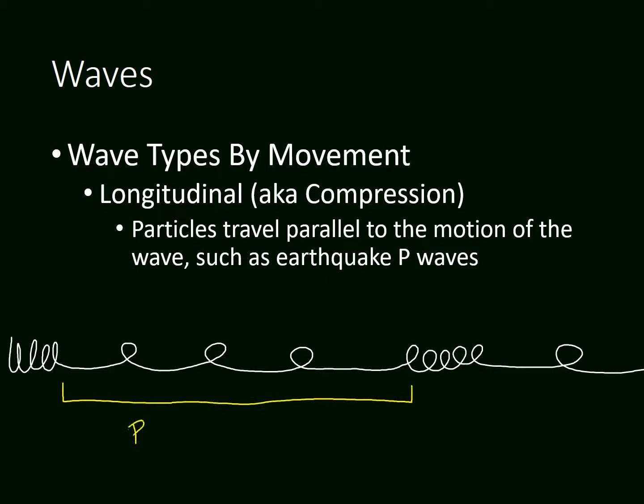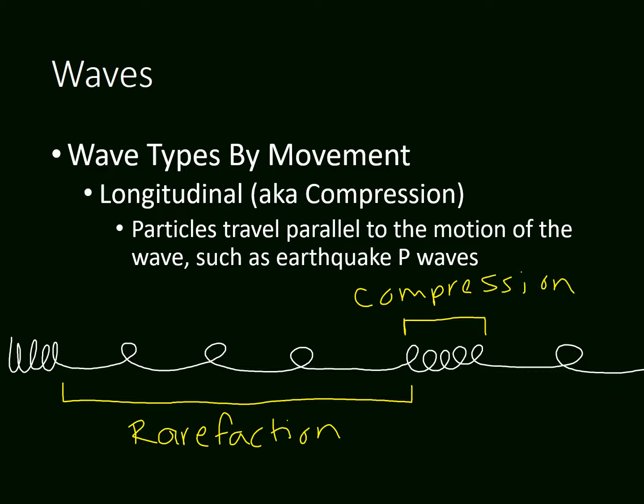So the spread out areas are called rarefactions, and the squished up areas are called compressions.